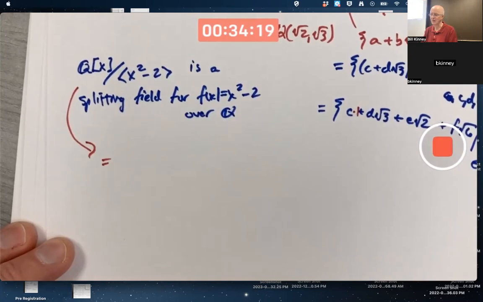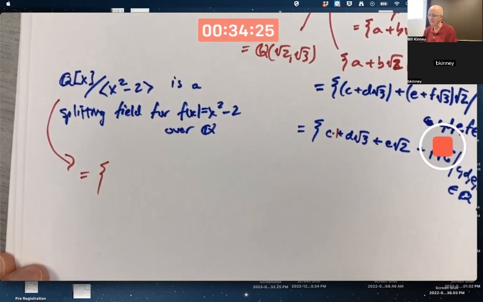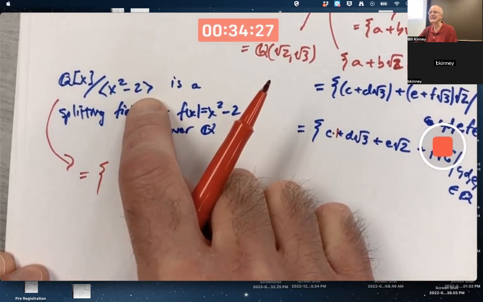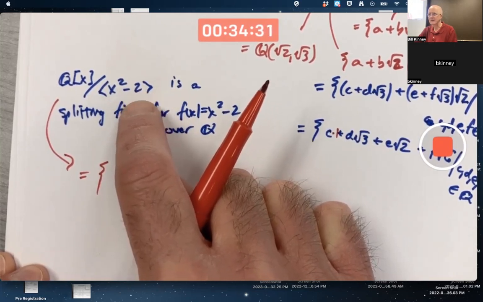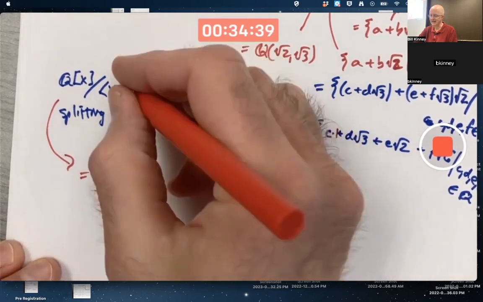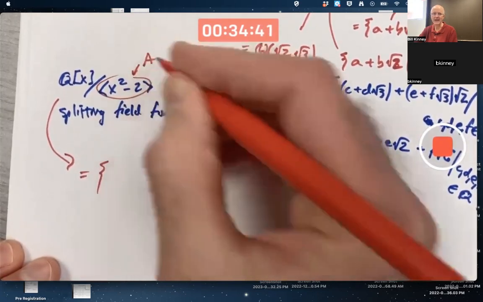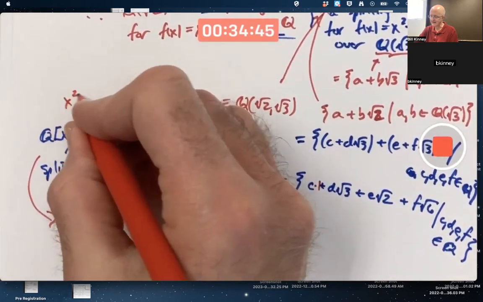We've talked about this before. This is the set of all cosets that you can form based on this ideal. But remember, this polynomial is irreducible over the rationals. It's got degree 2. If I call this ideal, say, capital A, we've practiced this kind of thing before.